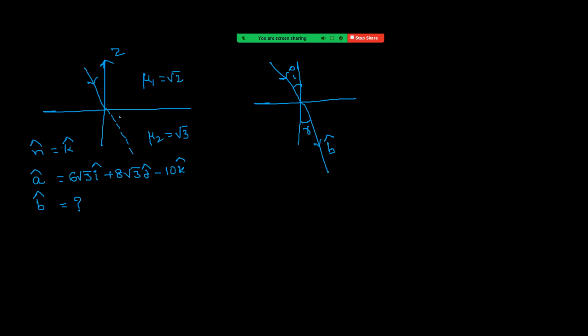This is the direction of a cap, between this vector and n cap, meaning normal, the angle remaining is 180 minus i. So I am taking the dot product between these two to find that angle. See carefully, cos of 180 minus i is equal to a bar dot b bar by ab, right?